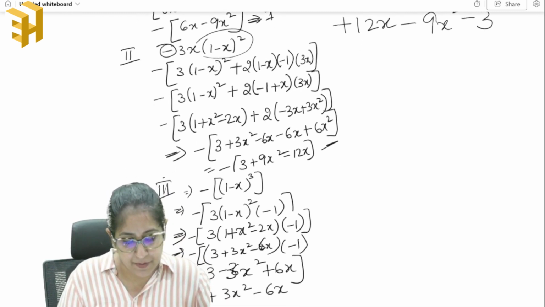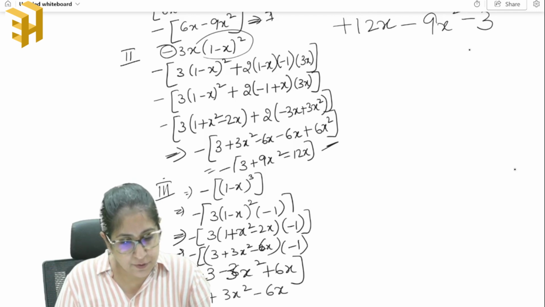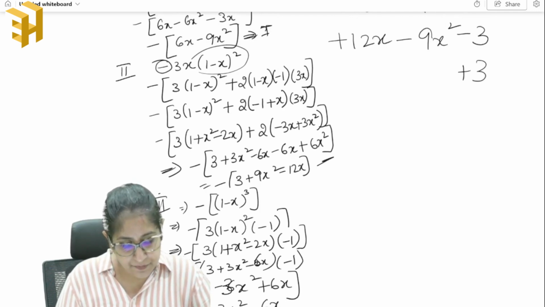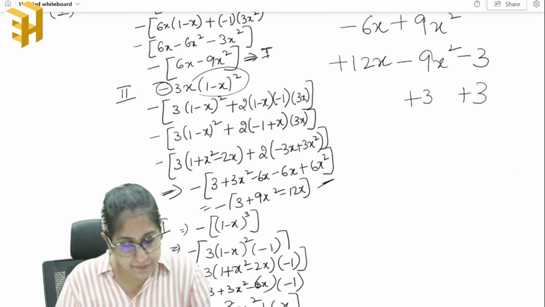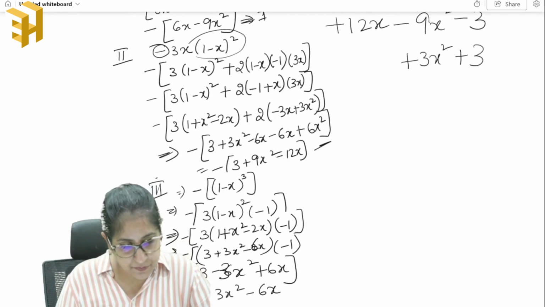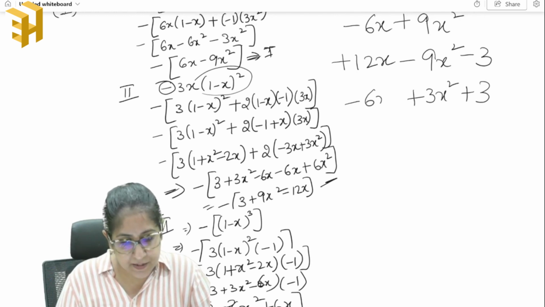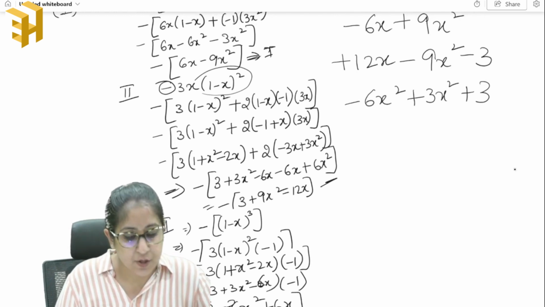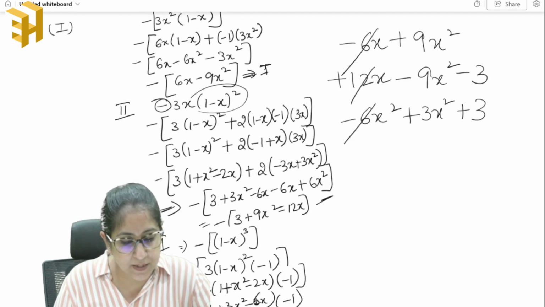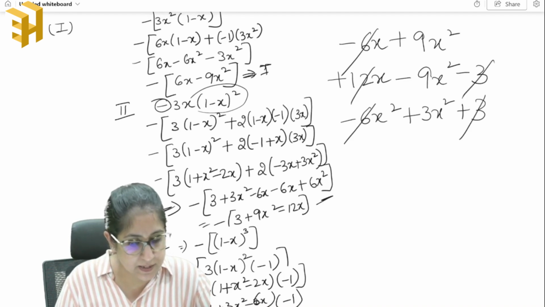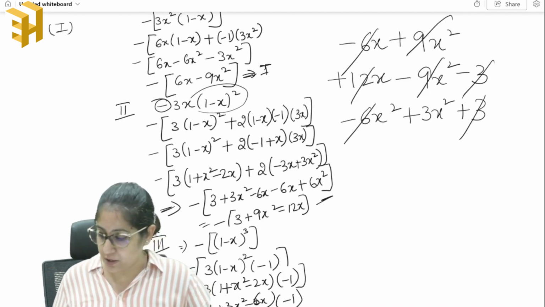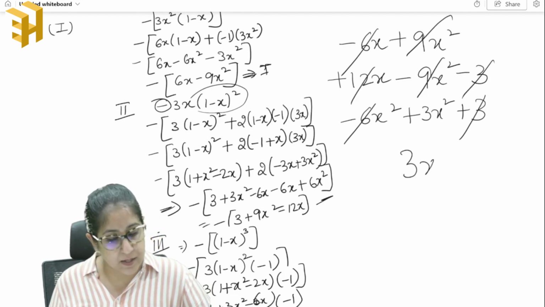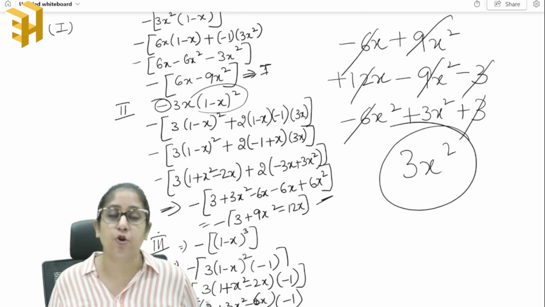And last we have 3 plus 3x square minus 6x. So this gets cancelled, this and this gets cancelled, this and this gets cancelled. So in short, we've got the answer to be 3x square, and this is your answer.